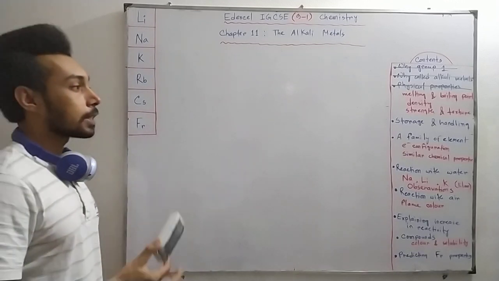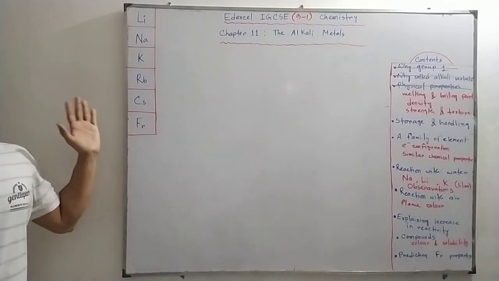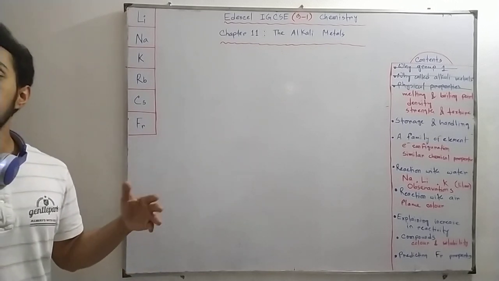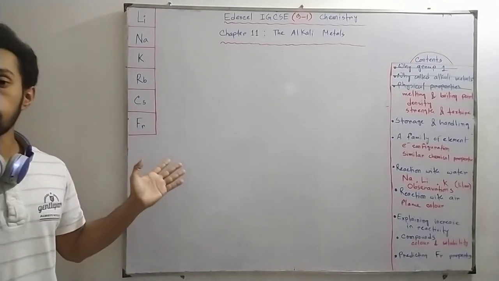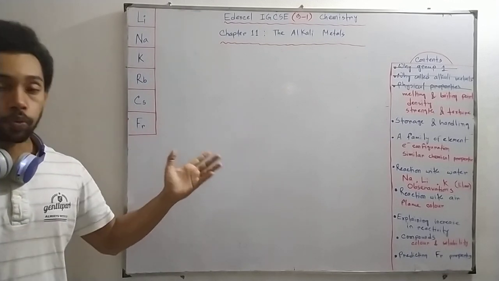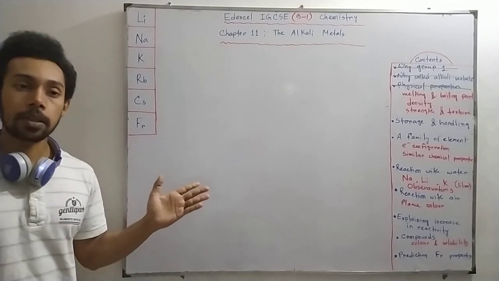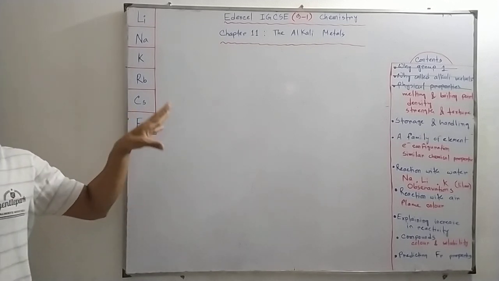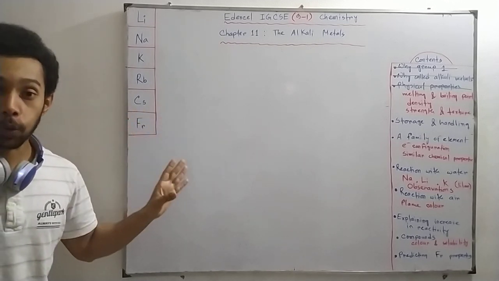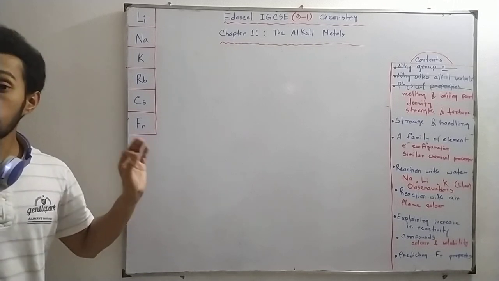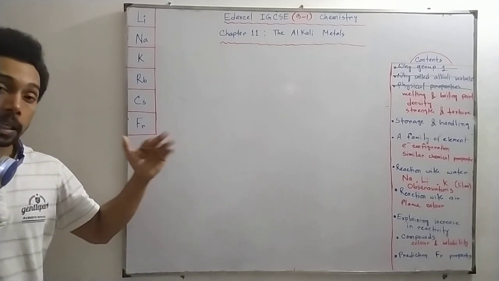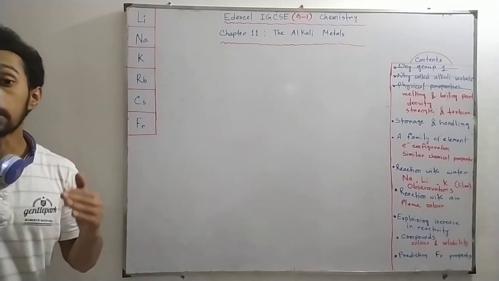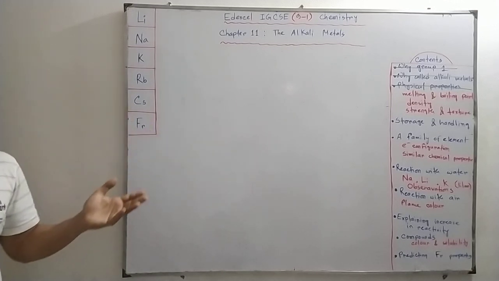Now storage and handling. All these elements are extremely reactive. We have already discussed that they react readily with oxygen in the air and react rapidly with water, and all those reactions are highly exothermic. An exothermic reaction is a chemical reaction that releases heat, so a lot of heat is produced.